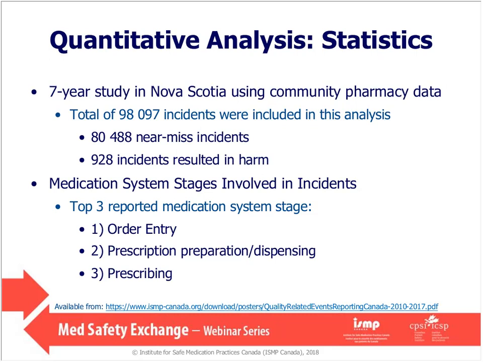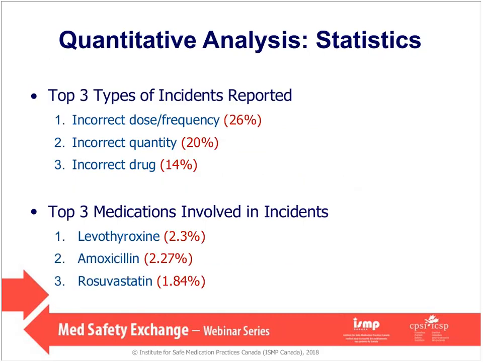In the quantitative analysis of the data, the top 3 reported medication system stages were order entry, prescription preparation dispensing, and prescribing. The top 3 types of incidents reported were incorrect dose/frequency, incorrect quantity, and incorrect drug.